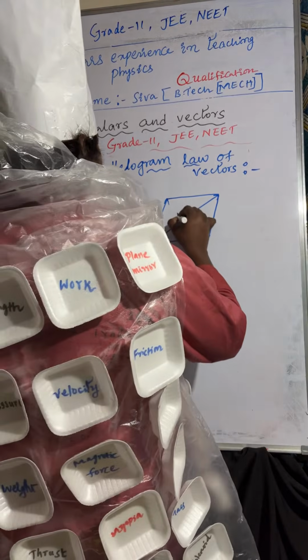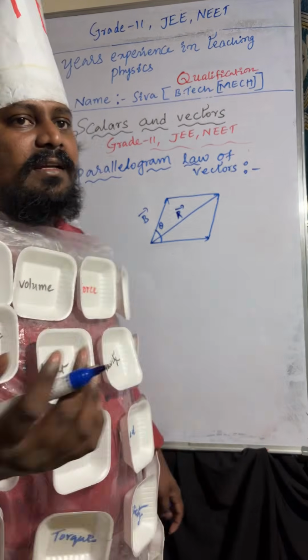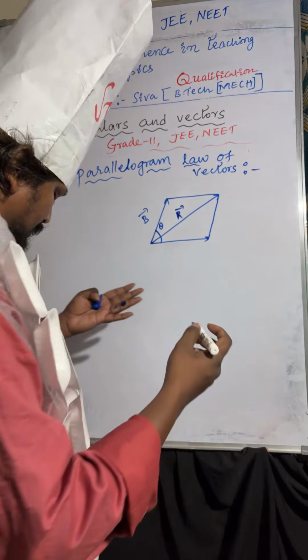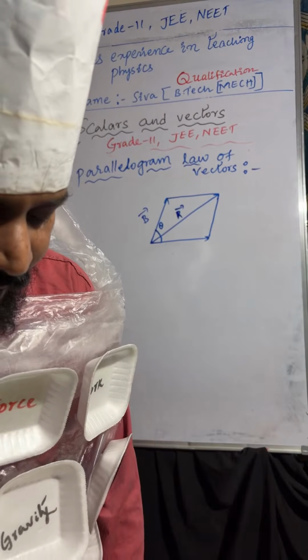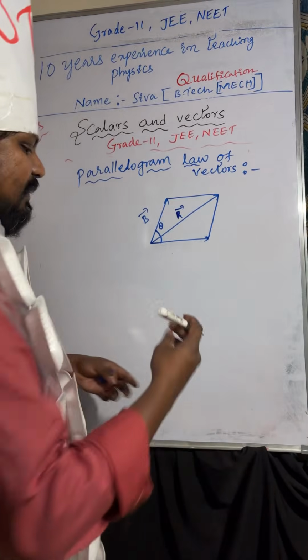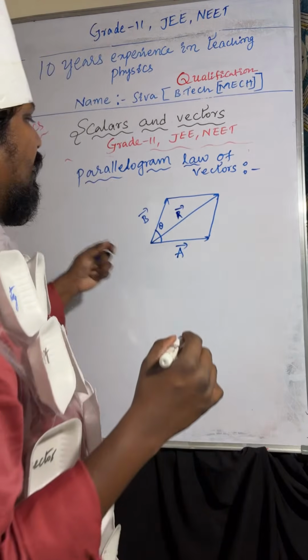Later we can identify the direction. To find the direction of the resultant we will use that. First, A bar I am taking here. This is A bar and this one is B bar.